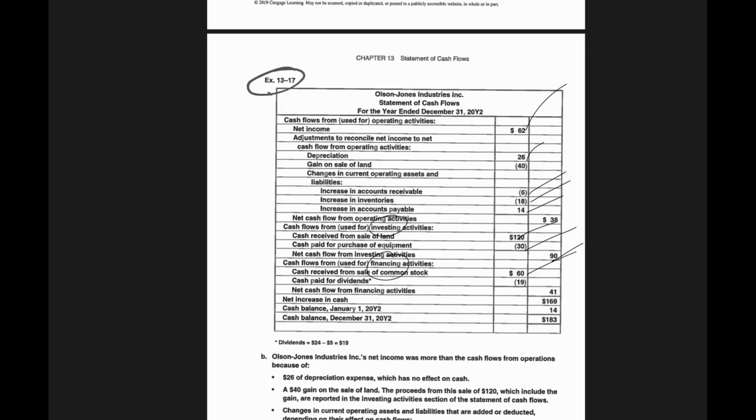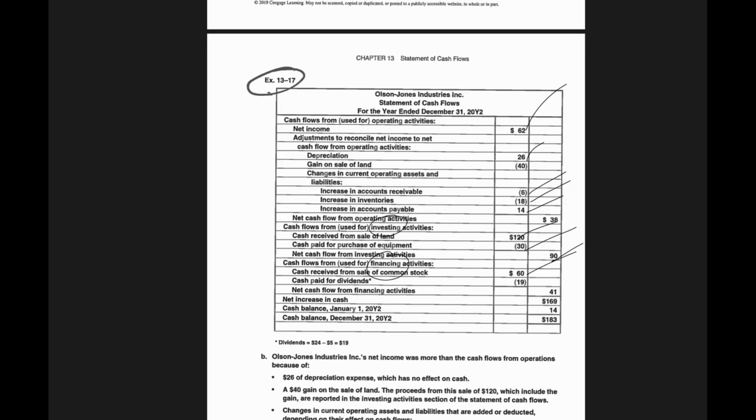It also says here, dividends, the retained earnings account was debited for $24 for dividends. But look at the dividends payable account. Beginning of the year, it was 0. At the end of the year, it was 5.